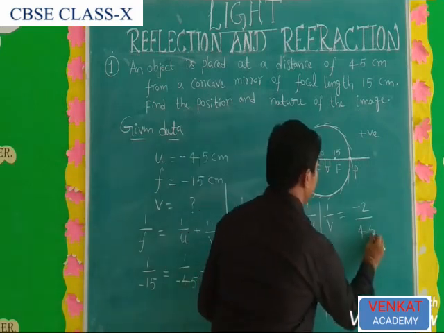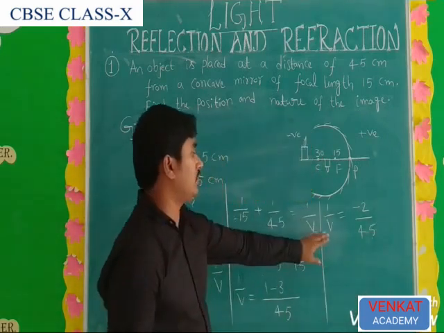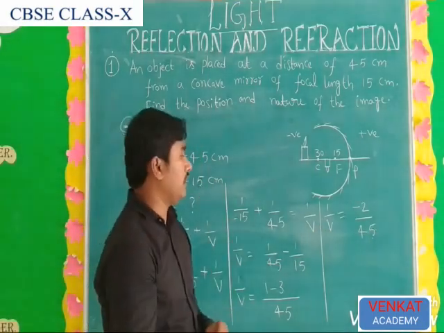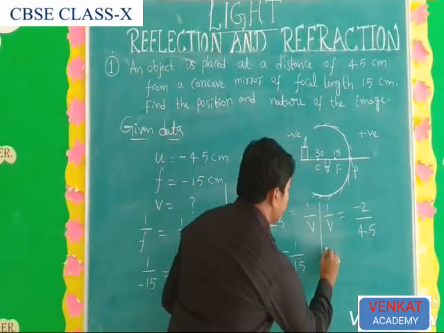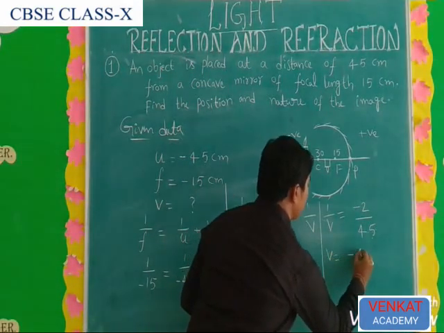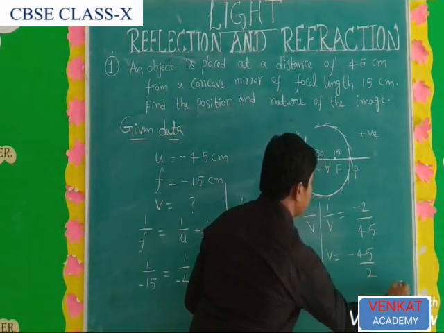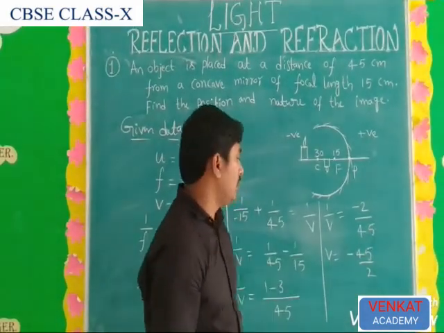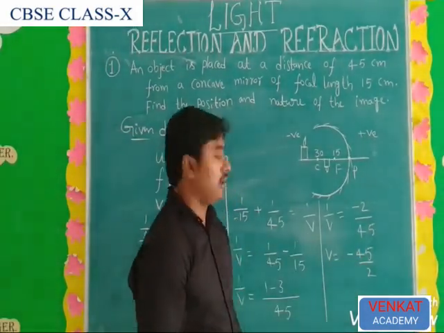Okay. So this is the value. Now you want the v value. What do you want? The v value. Now you have to take the reciprocal. v is equal to minus 45 by 2. Now let's try to do the division.